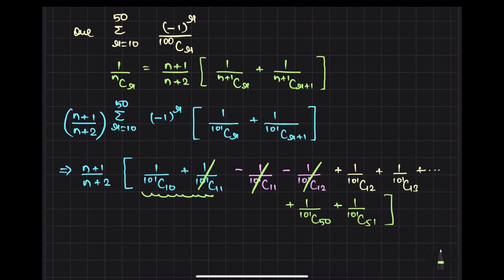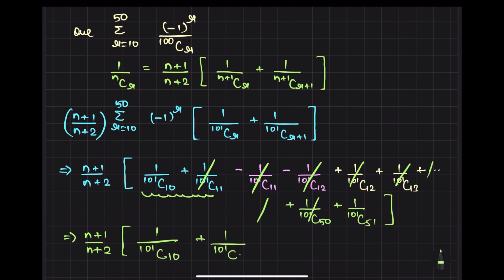Now this thing will eliminate this, and this thing will be eliminated by this. So we will be left with n+1 by n+2 into 1 by 101 C10 plus 1 by 101 C51. I hope you got the approach.